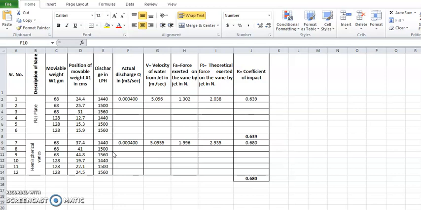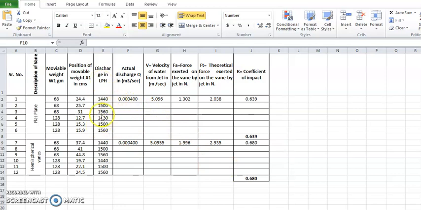These 3 observations are varying, and the fourth observation is the distance of fixed plate, which is fixed. That value I have not noted here, which is 12.5 centimeter.